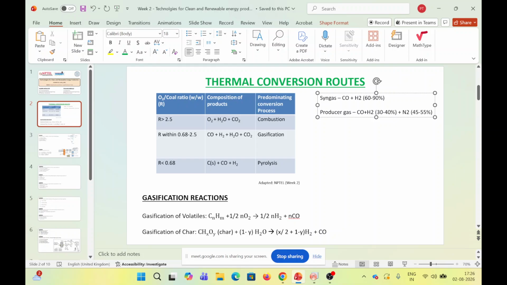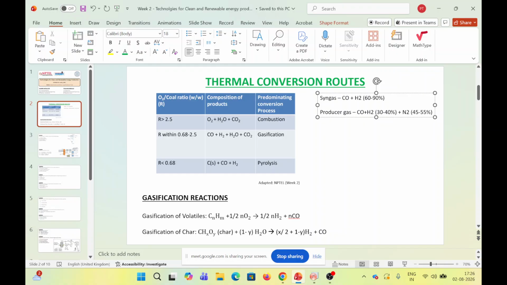So producer gas is going to have more nitrogen compared to syngas. Again, here 60 to 90 percentage is CO plus H2, and the remaining 10 to 30 percentage is for other kinds of gases, which are going to be present in smaller quantities. So if you use oxygen, the produced gas is majorly CO plus H2.